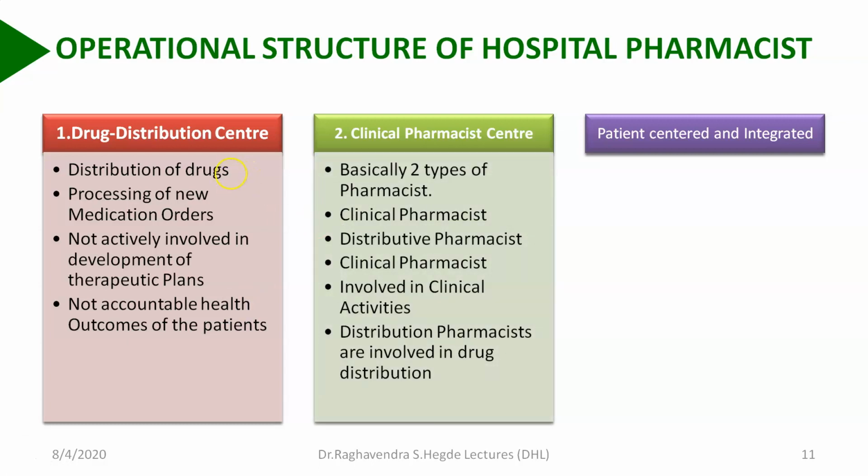Next is the clinical pharmacist center. Here there are basically two types of pharmacist in the pharmacy department: the clinical pharmacist and the distributive pharmacist. The clinical pharmacist works from a clinical perspective, and the distributive pharmacist from a distributive point of view.